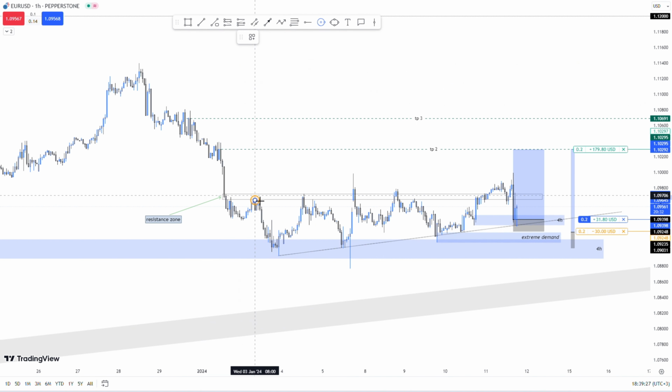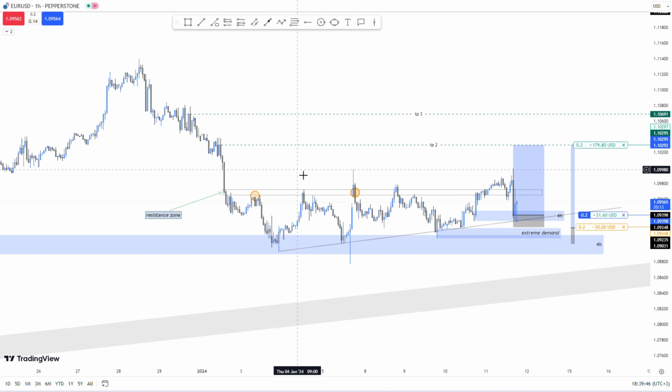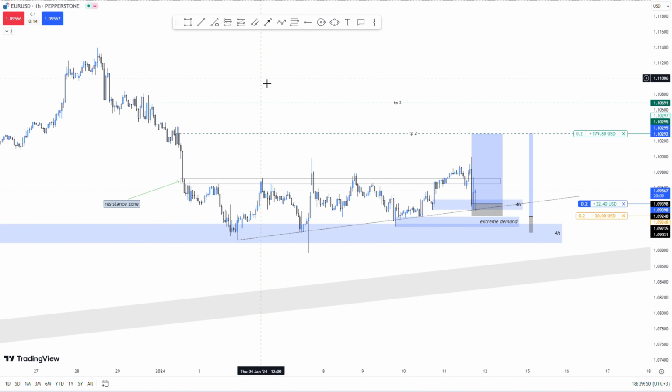So here we have two details. A resistance zone is being formed and an uptrend is being formed, showing how price is reacting to the demand zone. You can see this resistance being formed is strong. The recent price has broken the resistance zone.